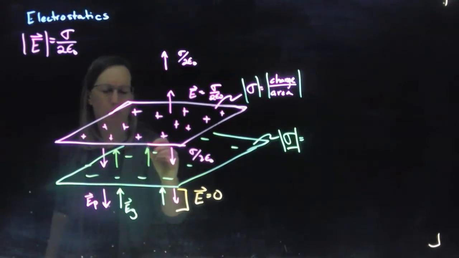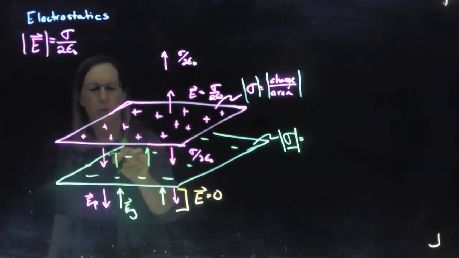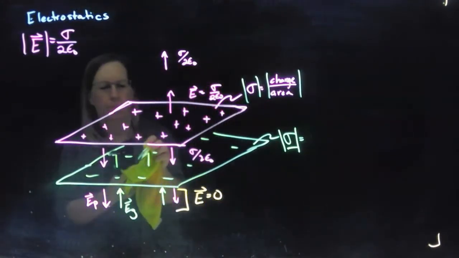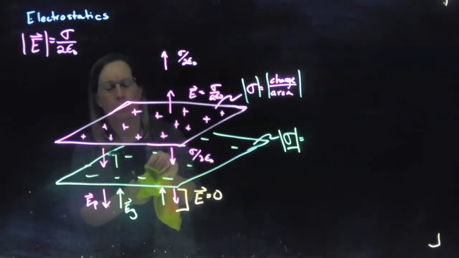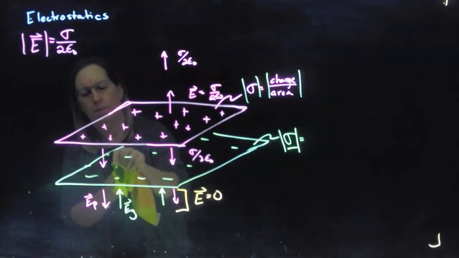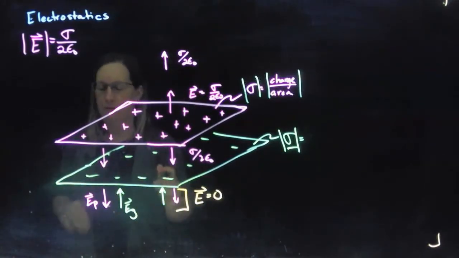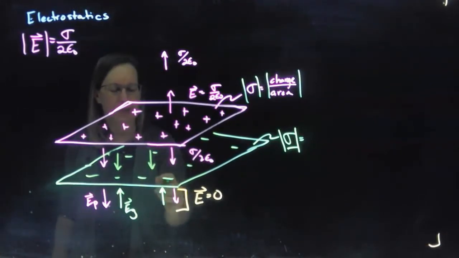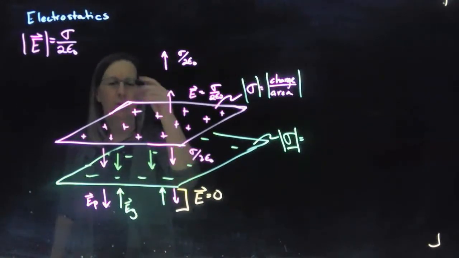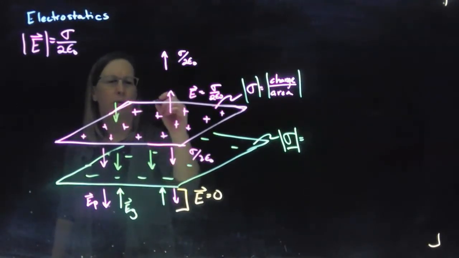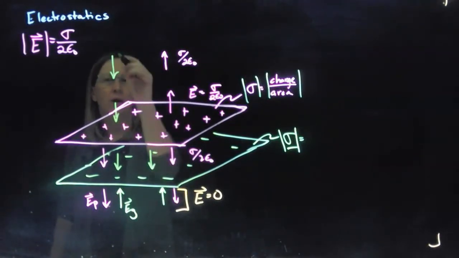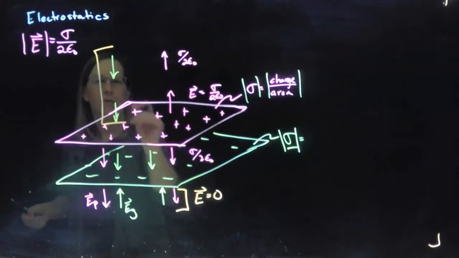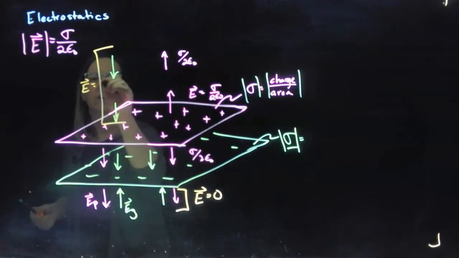It's pointing towards, not away, sorry. Above this plate, the electric field still points towards the plate, so it's going to point down. Up here, this is going to point down, this is going to point down, and you can see that again, above this plate, we get an electric field that's equal to 0.